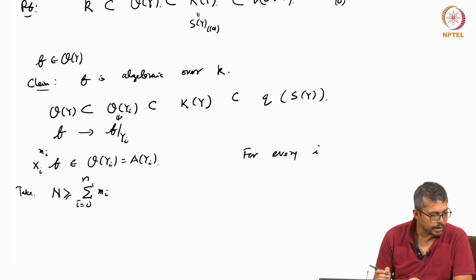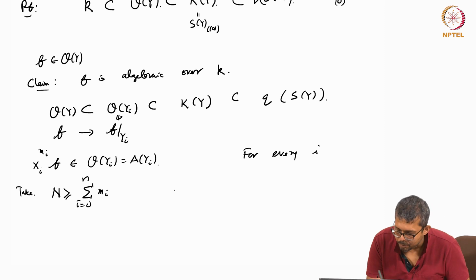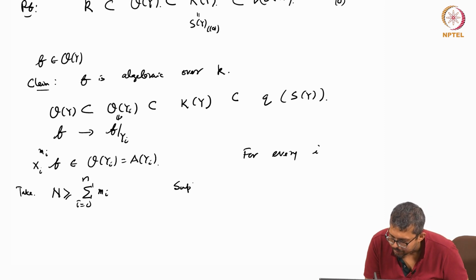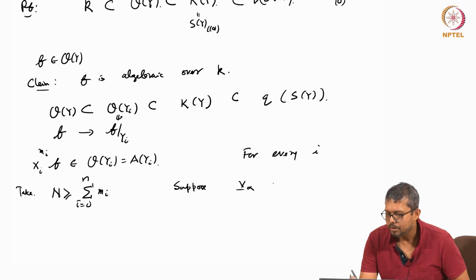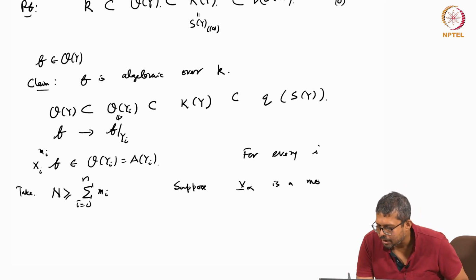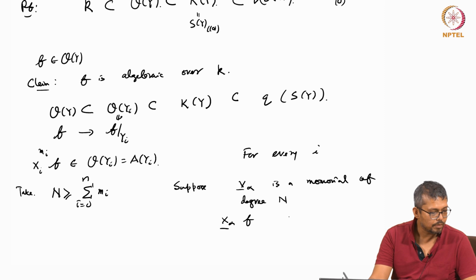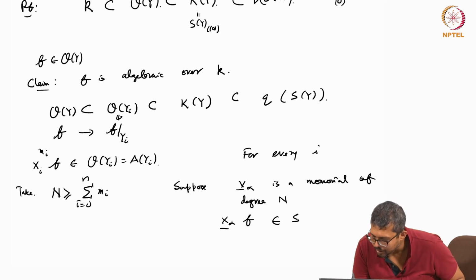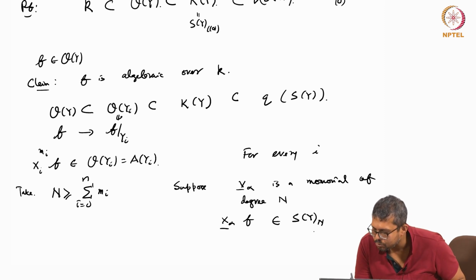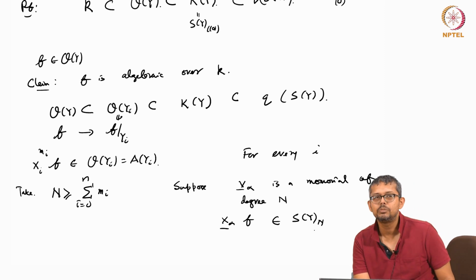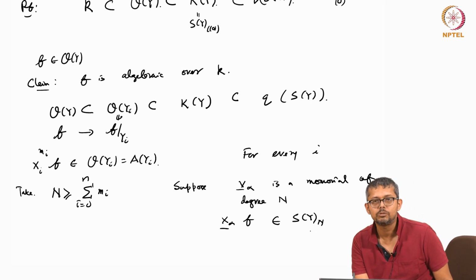Now the point is that if you take a monomial, suppose x^alpha is a monomial of degree n, then x^alpha times f will always be in S_Y of n. S_Y n means the degree n homogeneous elements in S_Y.